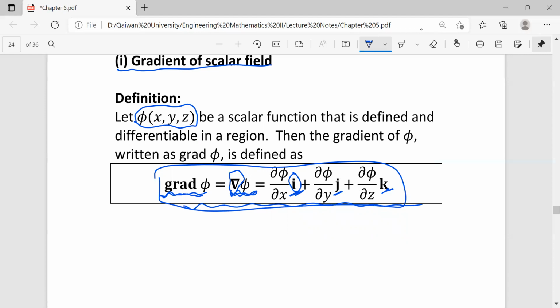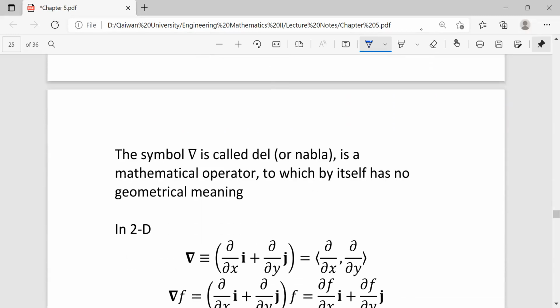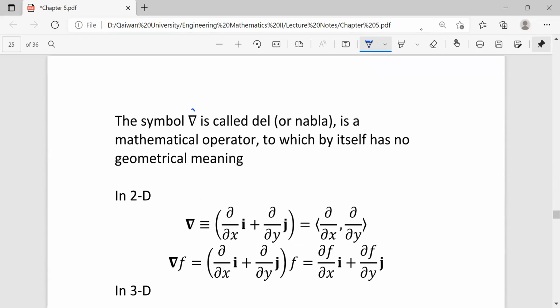So the gradient of a scalar field is a vector field. We get a vector field in the result because here we have i, j, and k components.